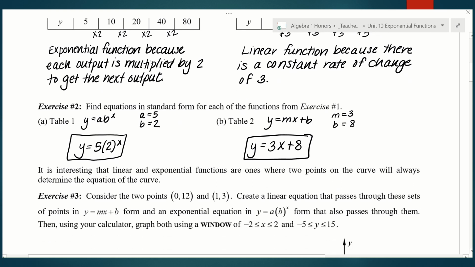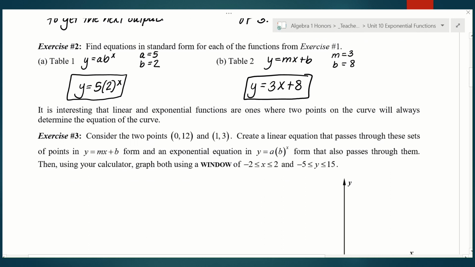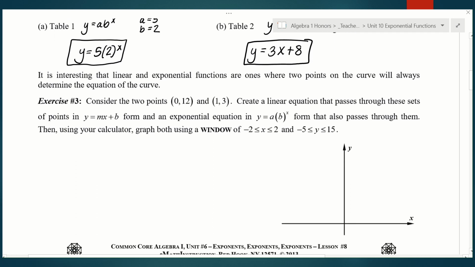All right. It is interesting that linear and exponential functions are ones where 2 points on the curve will always determine the equation of the curve. So for exercise 3, we're going to consider the 2 points (0, 12) and (1, 3).